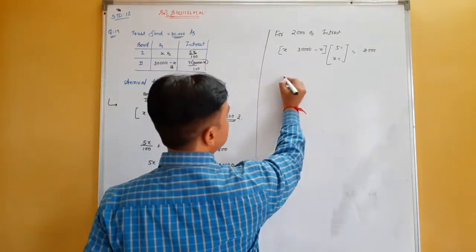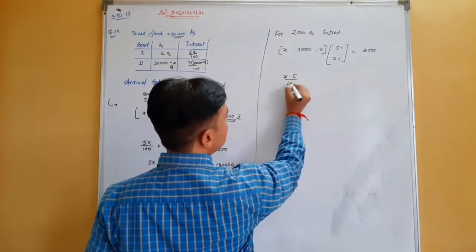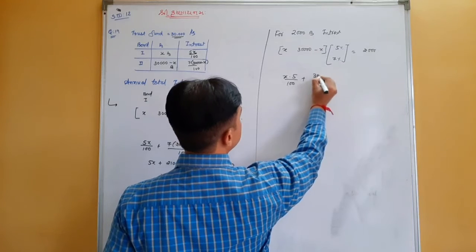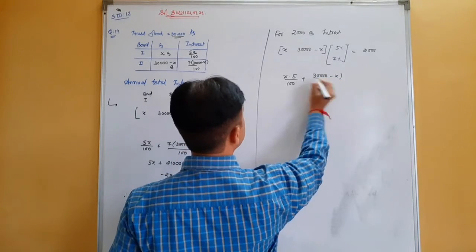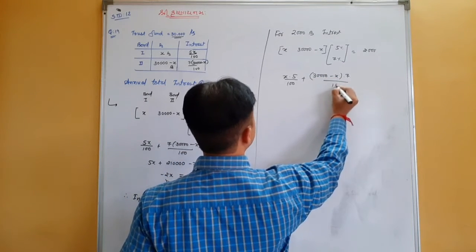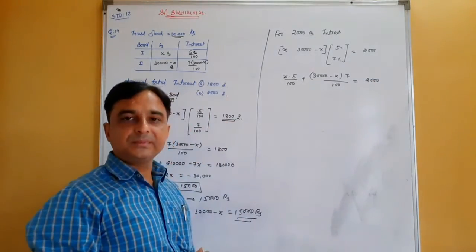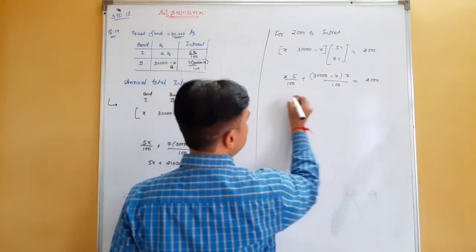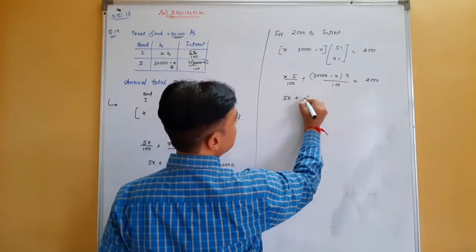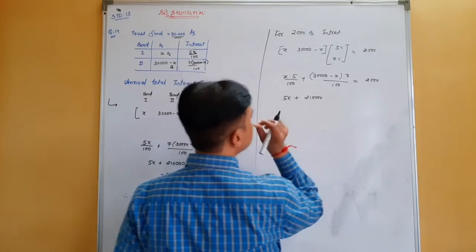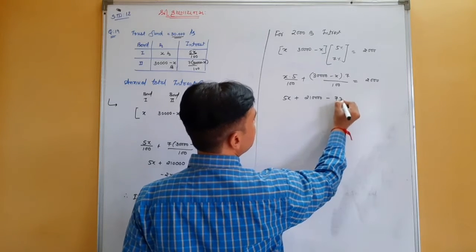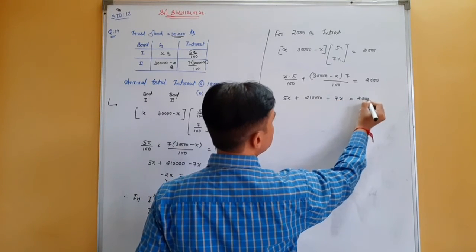Now make a matrix multiplication. x into 5% means 5 by 100, 30,000 minus x into 7 by 100 equal to 2,000. 100 multiply with this, it is 5x, 7,000... 100, 7x, and this is 2 lakh.